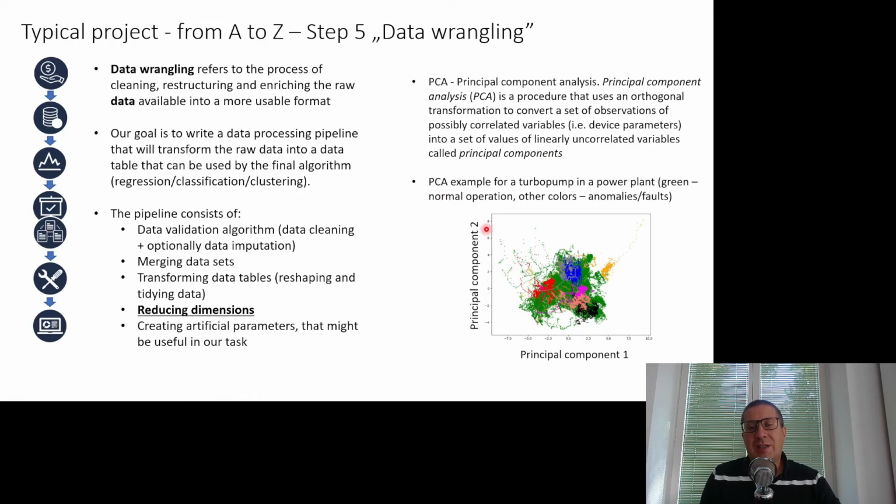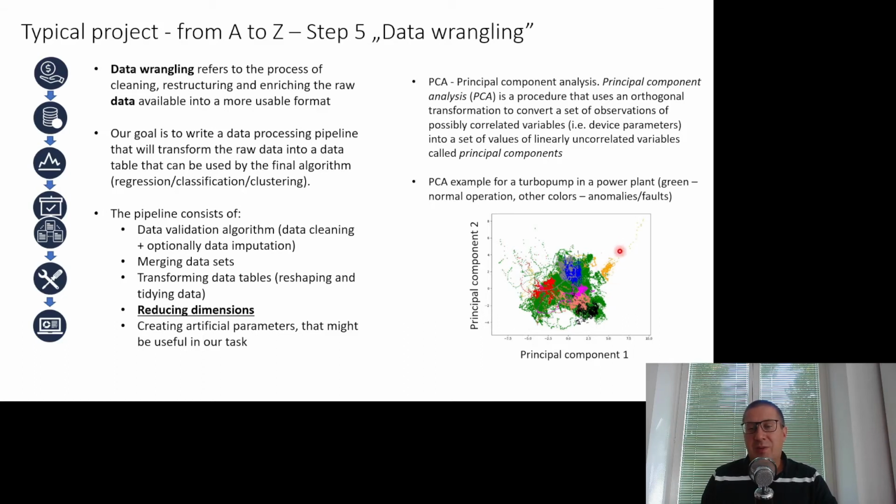Here you can see the relation between the first principal component and the second principal component. So let's say, first axis of this linearly transformed coordinate system and the second axis. And by colors, you can see the values related with some anomalies, some faults, because we know about the faults.